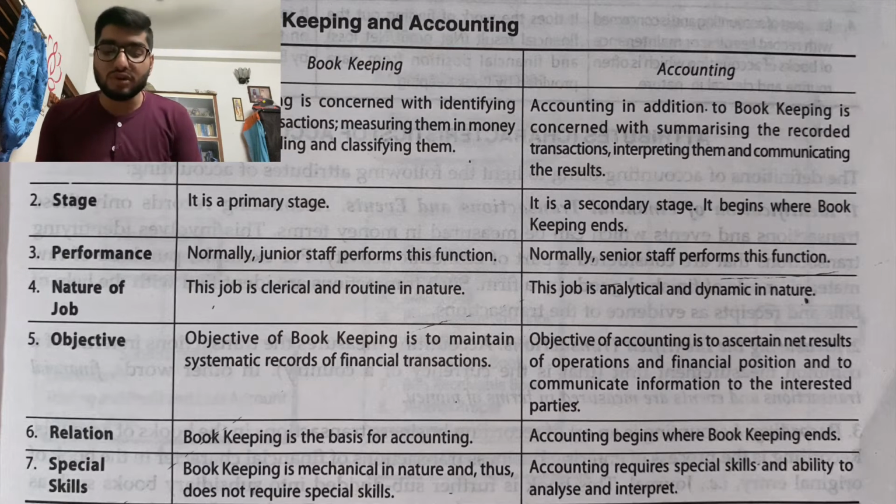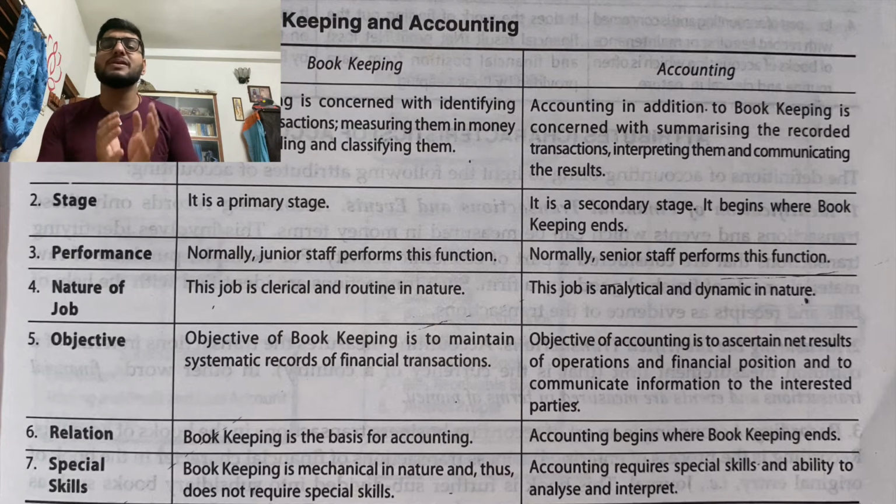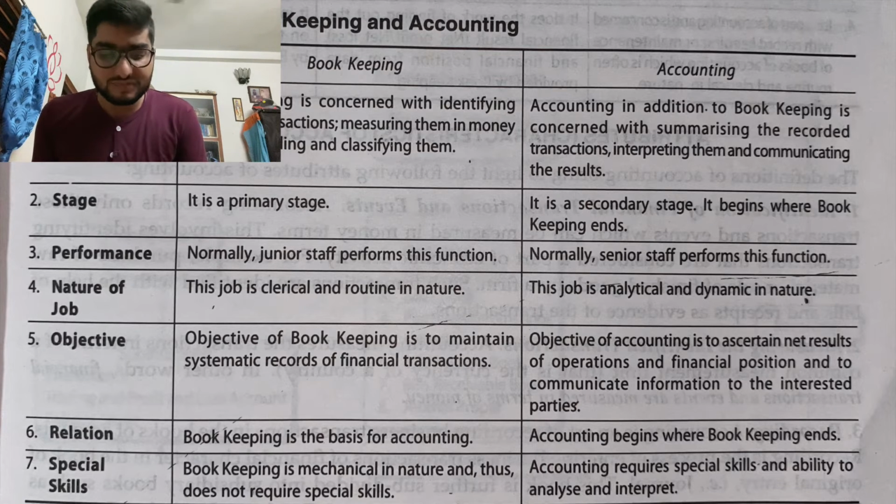Okay. Then bookkeeping is the basis of accounting, and accounting begins where bookkeeping ends. Already I have told you that bookkeeping is the basis of accounting. That means bookkeeping is the basic part of accounting. It has just arrived. Then comes accounting. Accounting starts where bookkeeping ends. Next, bookkeeping is mechanical in nature and thus does not require special skill.